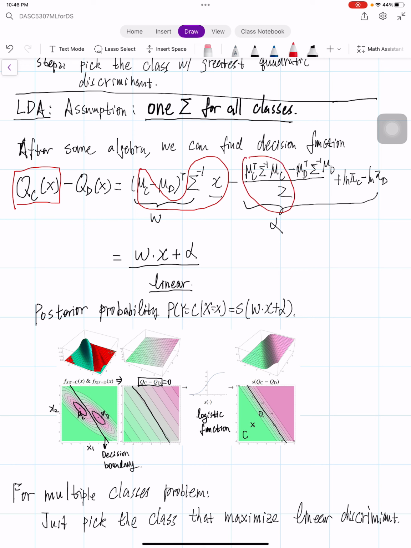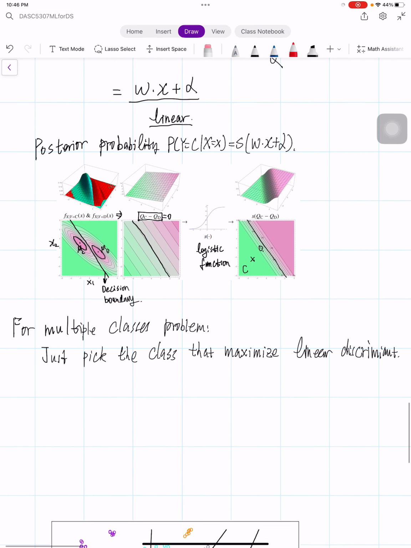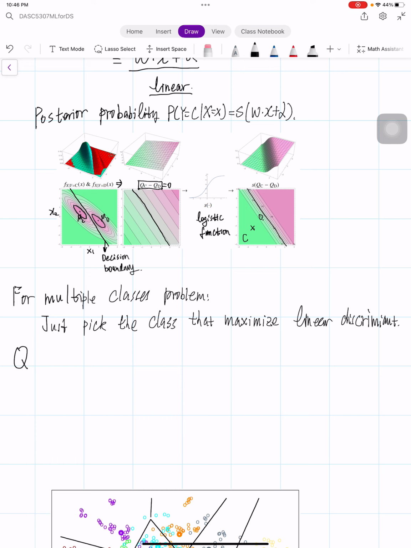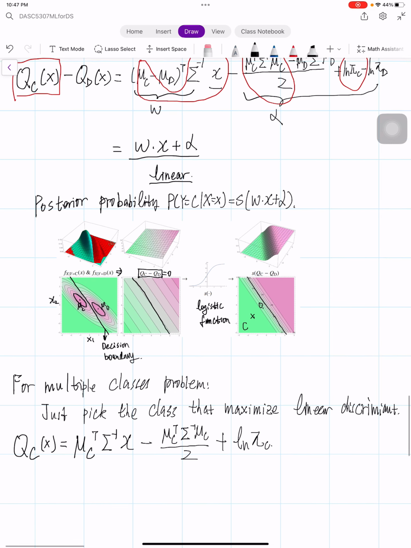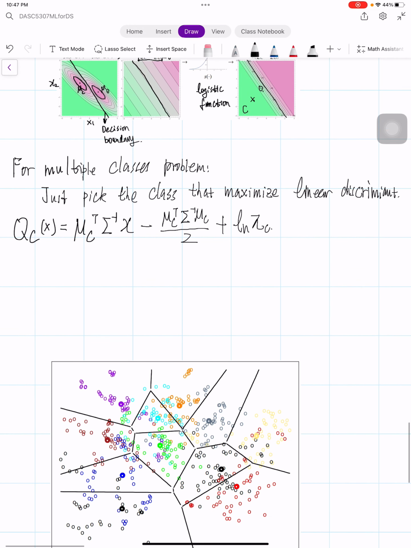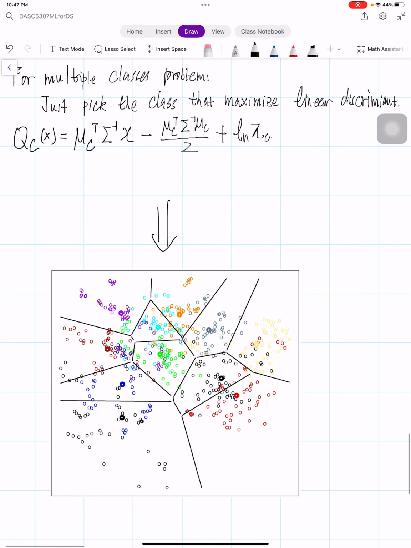To summarize, we have QC of x equals mu C transpose sigma inverse x minus mu C transpose sigma inverse mu C over 2, plus the log of the prior information pi C. Then we can apply this and get the linear classifiers for the different digits, for the 10 digits.